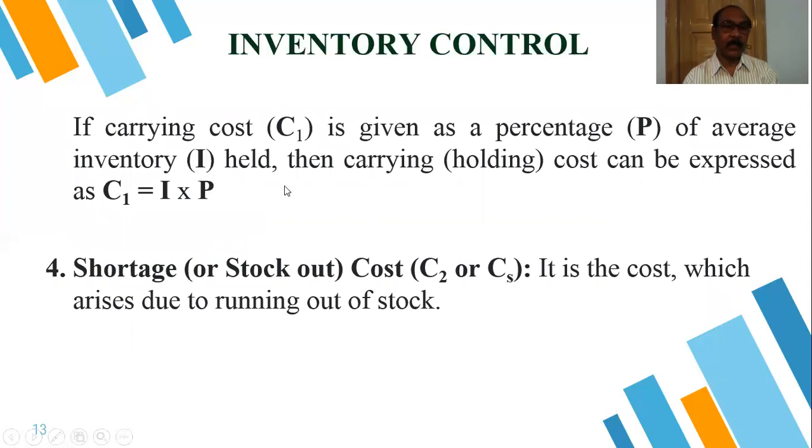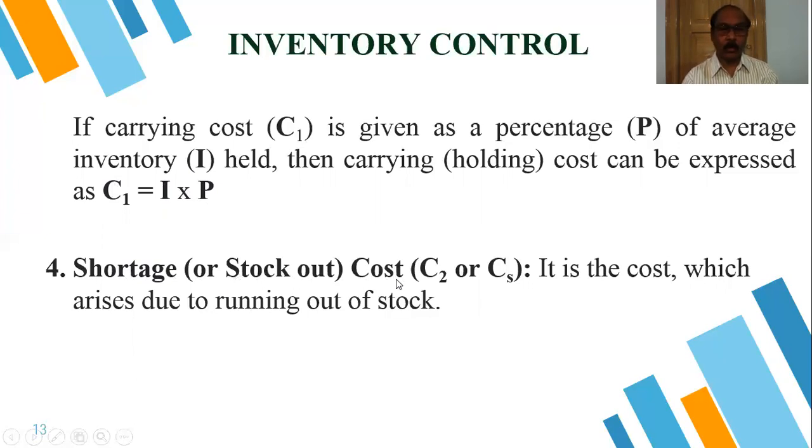The carrying or holding cost can be expressed as C1 equals I into P. Previously we noted in our notation that P is the price of the item and I is the interest or the percentage. So C1 is equal to I into P. We are considering a part of the price of the item.